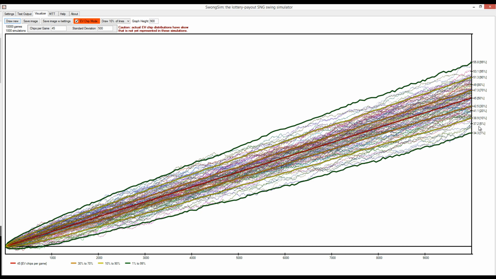So now basically all the results are within 10 chip EV, but most players are within 5 chip EV, given the sample of 10,000. But you can see about 10% of the time you'll be at least 10 chips under. And this will vary, of course, with your chips per game and everything else.